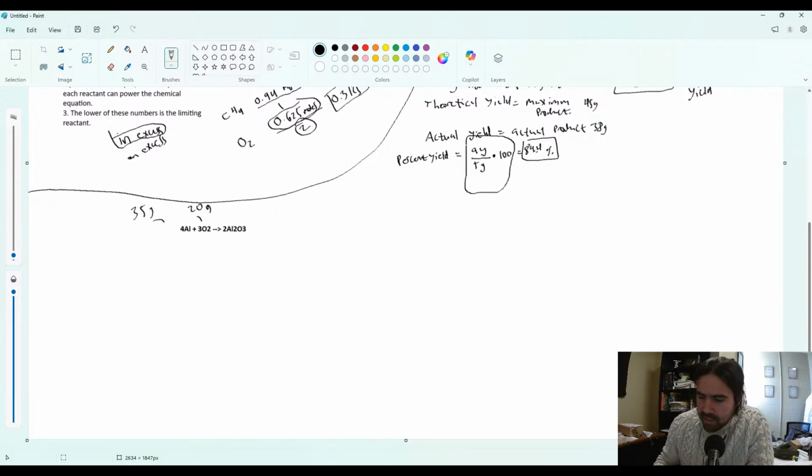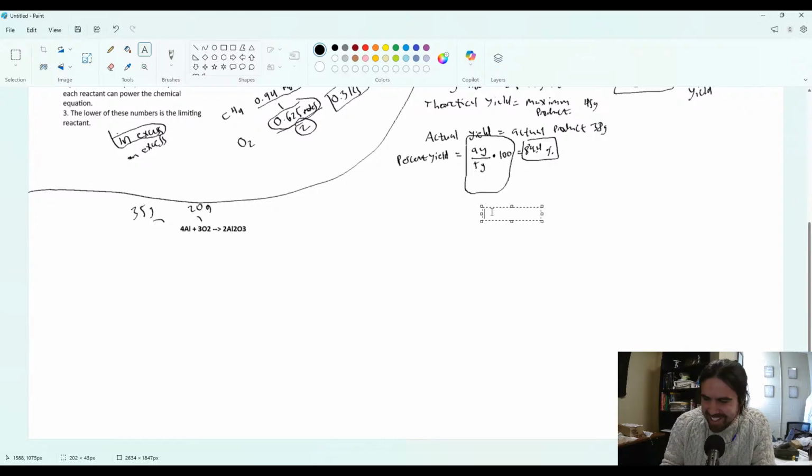So we have to, number one, figure out what the limiting reactant is. Once we know what the limiting reactant is, we have to convert from moles of the limiting reactant. Actually, you know what? Let's type this out. This is just turning into a full-blown example. So, how to solve for theoretical yield, a guide for the curious.